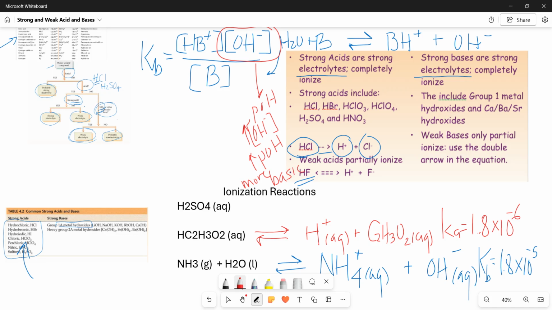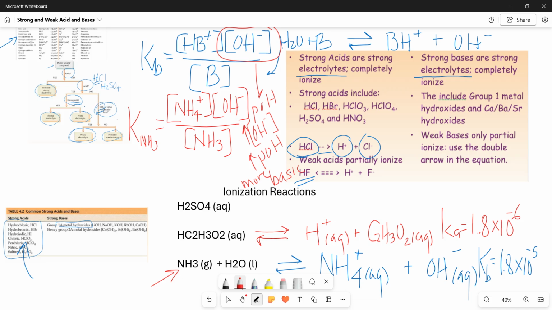So if I wrote the Kb formula for this, Kb of NH3 is going to be the ammonium ion concentration times the hydroxide concentration all over the initial concentration of ammonia. And that would be our formula for ammonia's Kb.